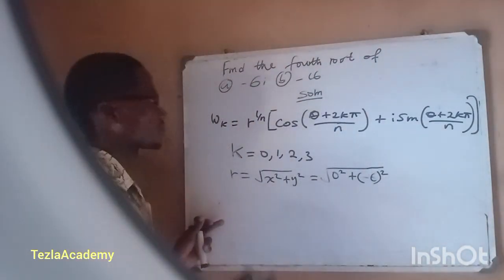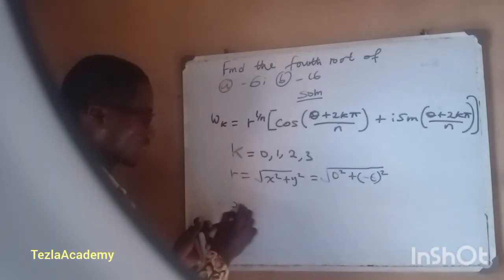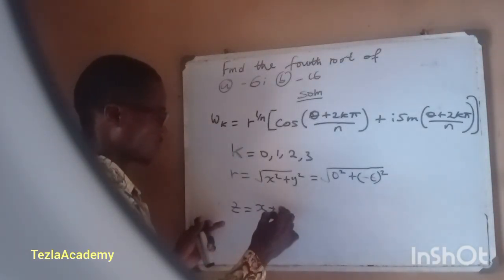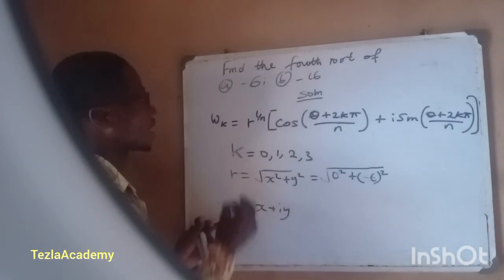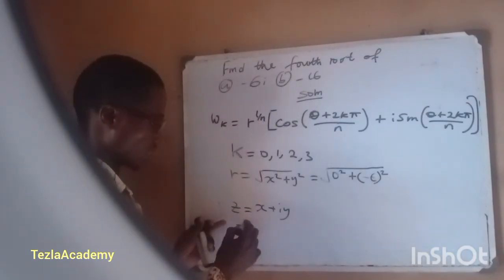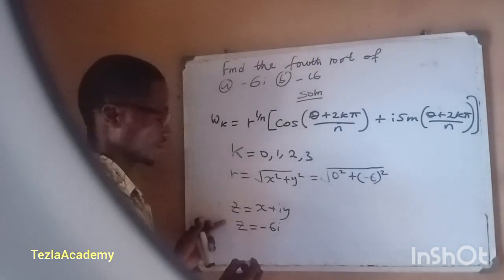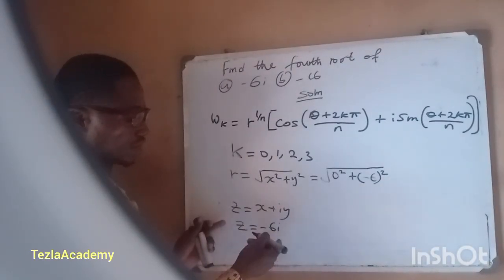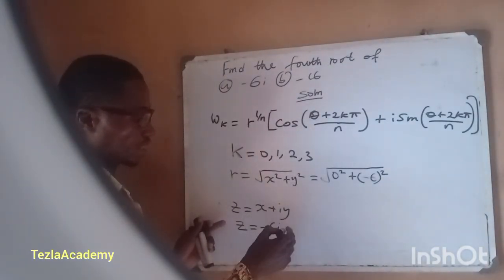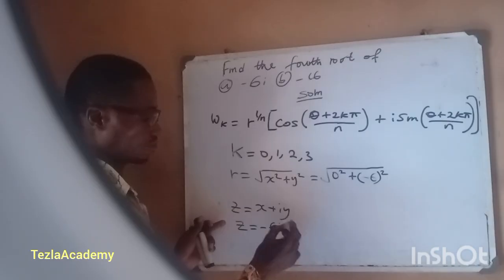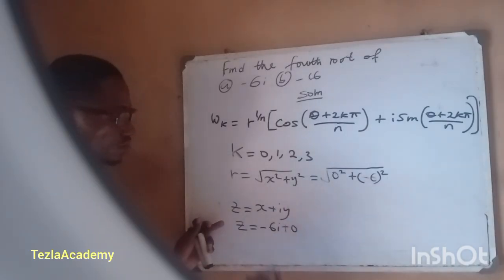How do I know? Look at this thing. Normally, our z is given generally as x plus iy, and this is also z. z is given there as just minus 6i. So that means the imaginary part is given, while the real part is not given, and it's just like saying plus 0. It doesn't change anything. So x is 0 and y is minus 6.